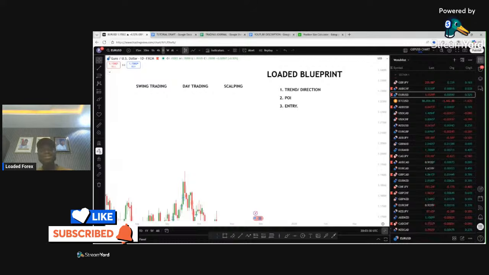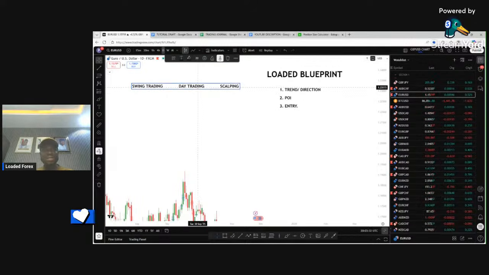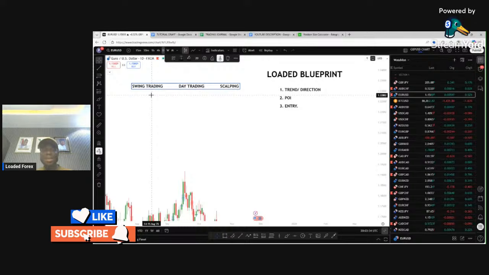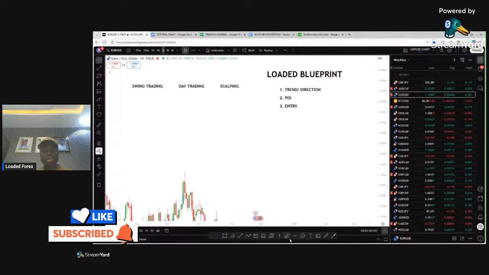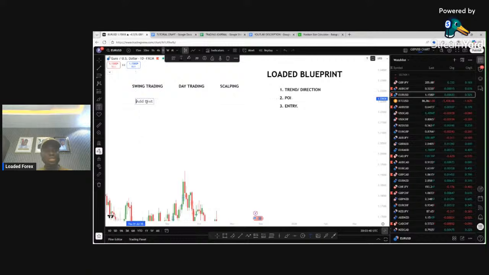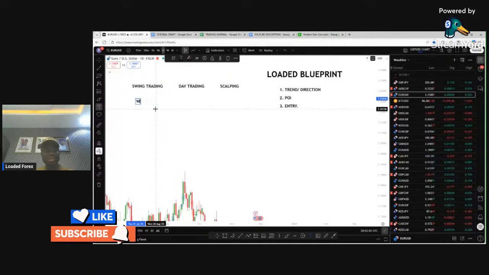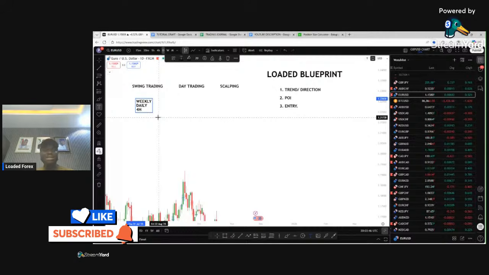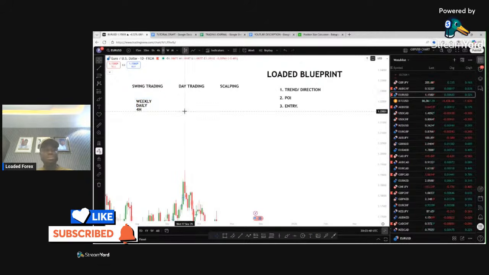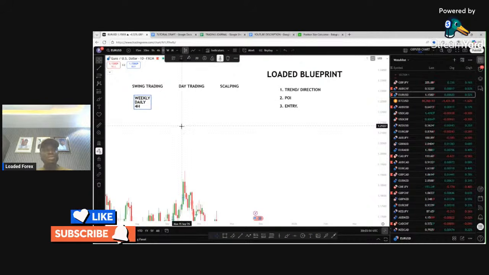So if you are a swing trader, your time frame will be different from someone who is a day trader. If you are a swing trader, you need the following time frames: weekly, daily, then finally 4 hour time frame. This is your time frame as a swing trader.